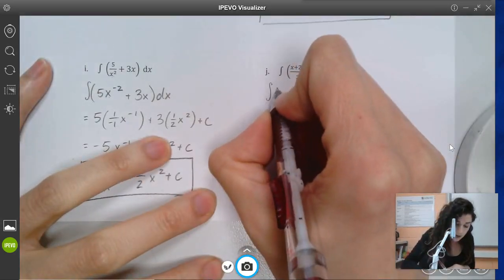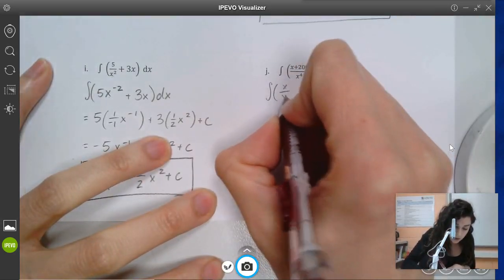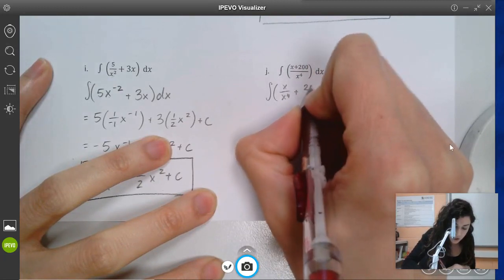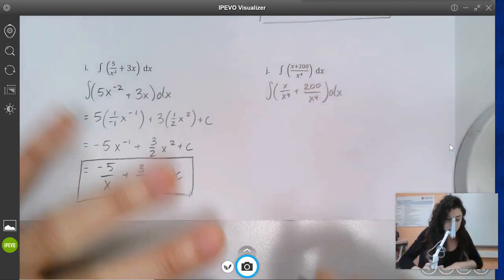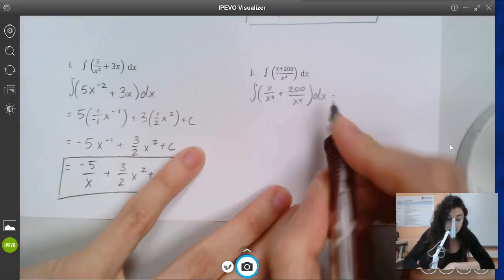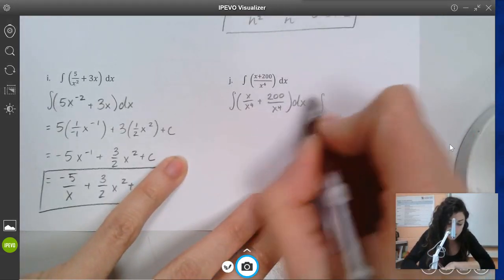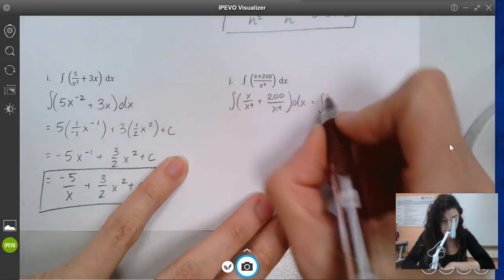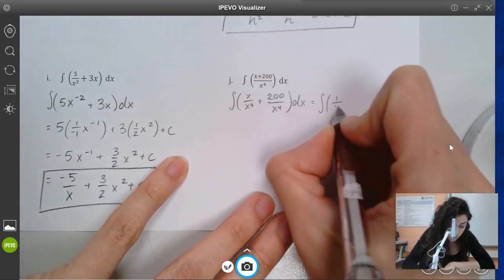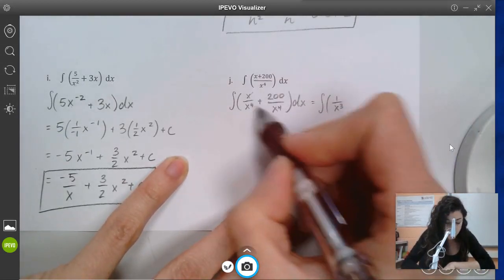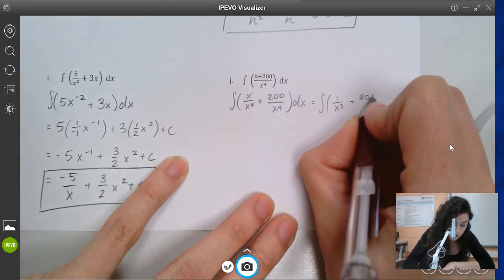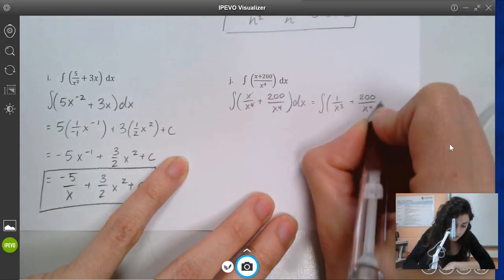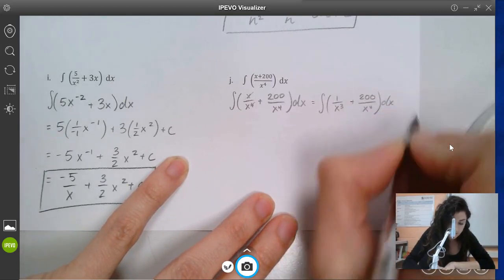I do that by doing x over x to the 4th plus 200 over x to the 4th with regards to x. I can simplify this down just a little bit. X over x to the 4th becomes 1 over x cubed, right? This x in the numerator cancels out with one of the x's in the denominator, and then plus 200 over x to the 4th with regards to x.